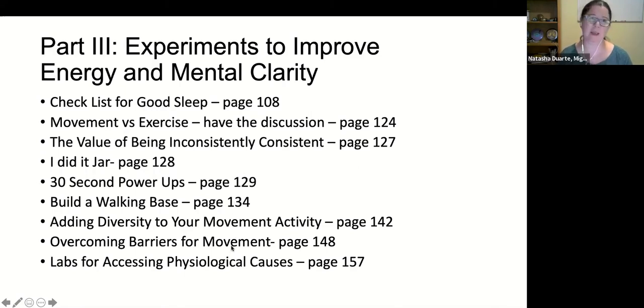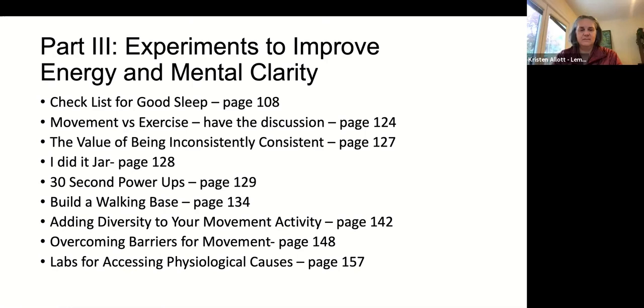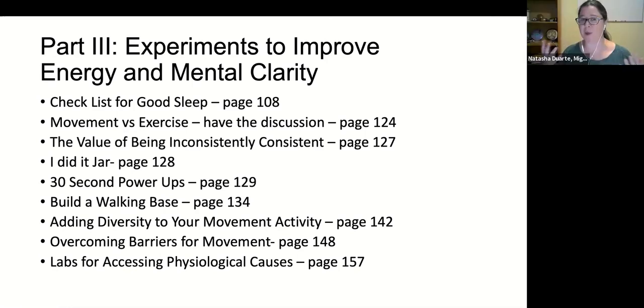In my life experience, movement has a lot more options and can be a lot more fun than an exercise program, which somehow I've learned is more serious. And so it allows me to add more movement throughout the day in different ways.